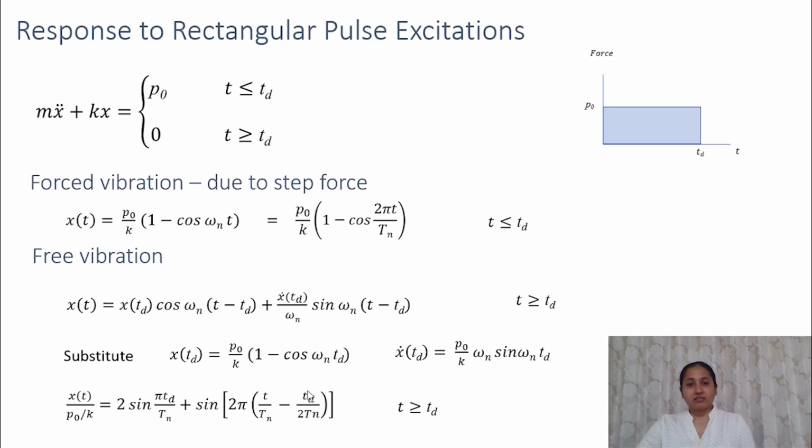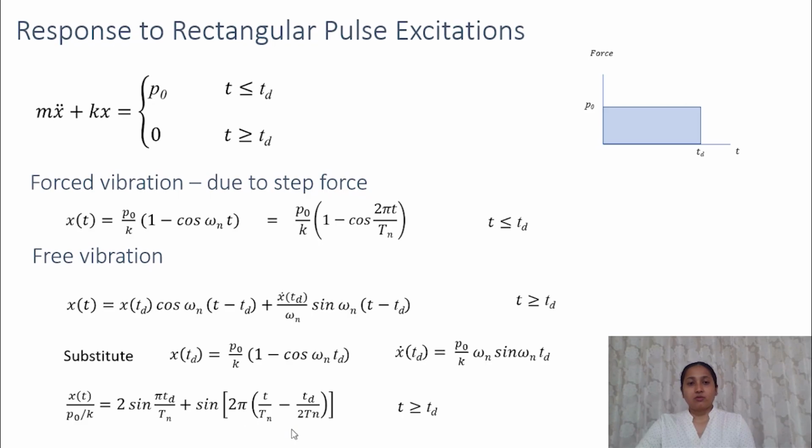If we look at this expression, we can understand that this response is a function of t by tn, that is the ratio of the time to the natural period, and this quantity depends upon td by tn, that is again a time ratio, the duration of the pulse to the natural period. So the response will depend on the ratio of this duration and the natural period.